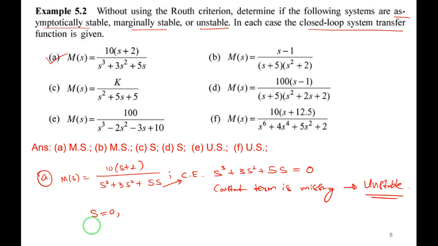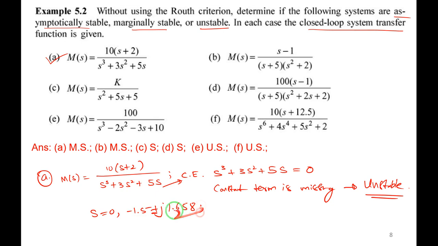So the roots: 0 is one of the roots, then minus 1.5 plus j 1.658, and another root minus 1.5 minus j 1.658.